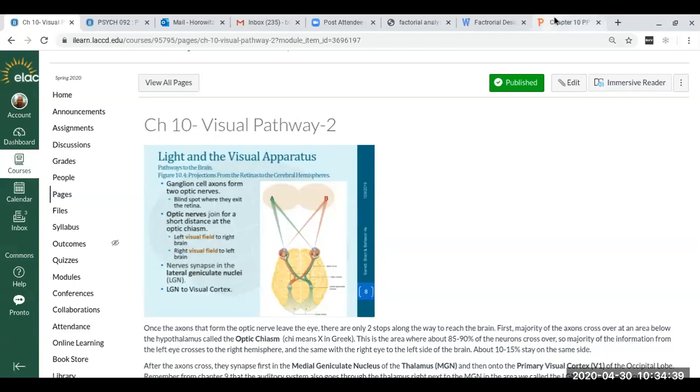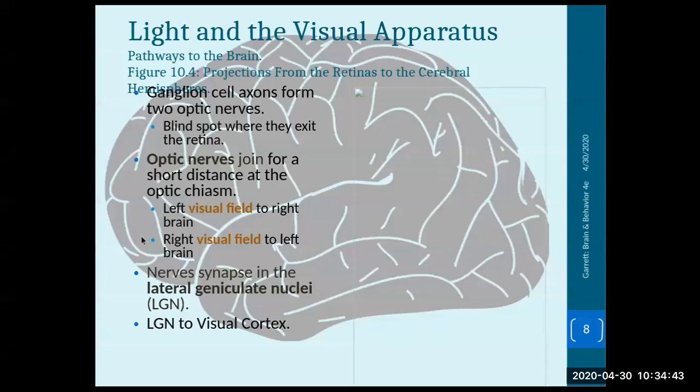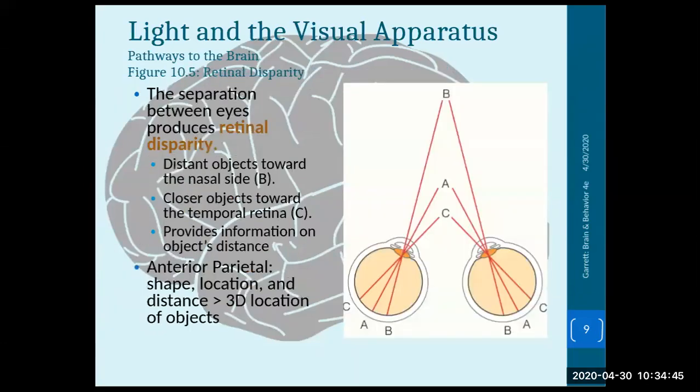All right, so let's go back to the PowerPoint and continue. The fact that we have 2 different eyes allows us to do 2 things. Remember from chapter 9, in the last chapter, we talked about the fact that having information from 2 ears converging with those coincidence detector cells allows us to understand where a sound is coming from.